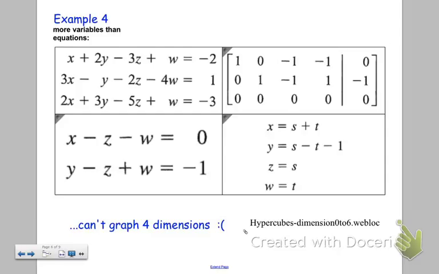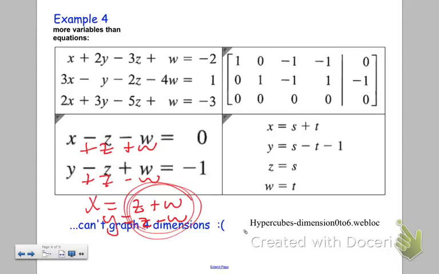Just to explain that a little bit, I add the z, I add the w, and that's how I get x equals z plus w. And then I add the z and minus the w, so y equals z minus w. So since I get x equals and y equals, and the w's and z's are over here, we can't determine those. Those can be anything.